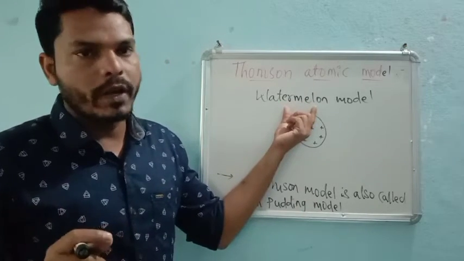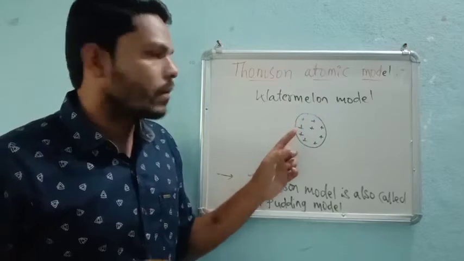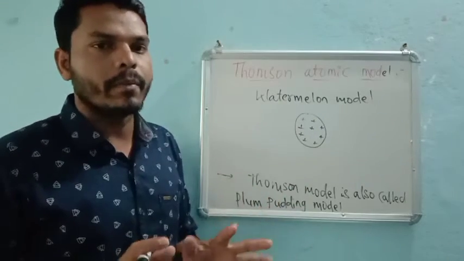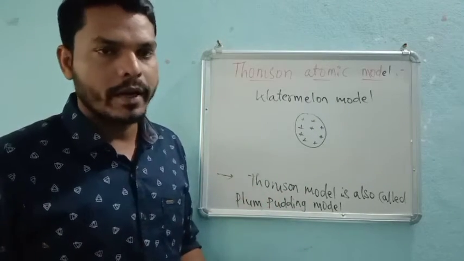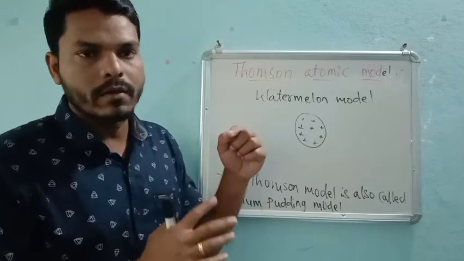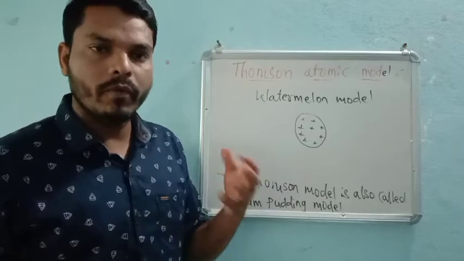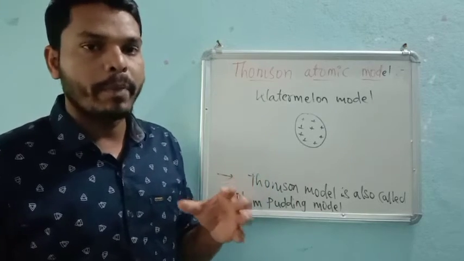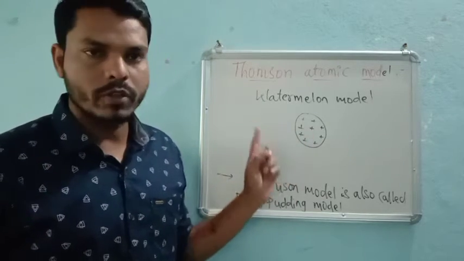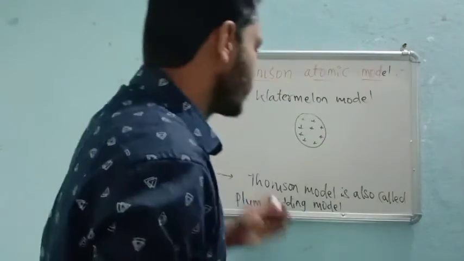We all know the watermelon, right? So he assumed that the atom is just like a watermelon. In that watermelon, we have two parts inside. The red part, whatever we eat, that pulp part, is the positive charge. And somewhere here and there, we will find seeds, right?